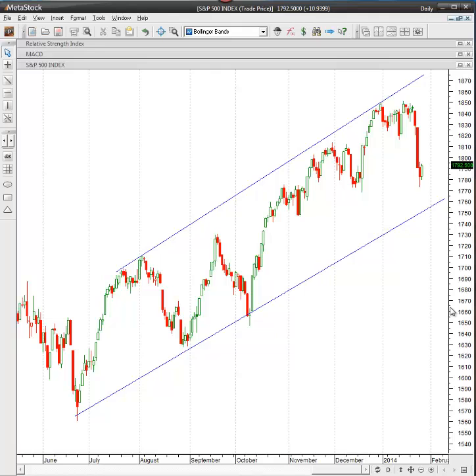We can see we have a nice parallel channel with a 3-touch support and a 2-to-3-touch resistance top, clearly marking the current uptrend since the pivot low in June. And we're within that trend.